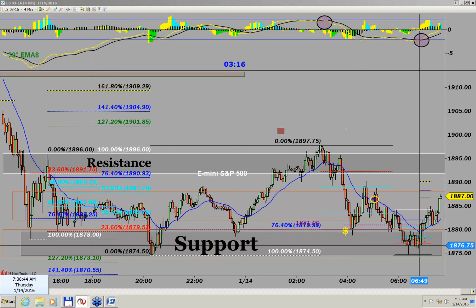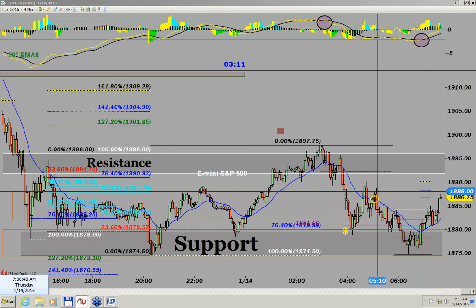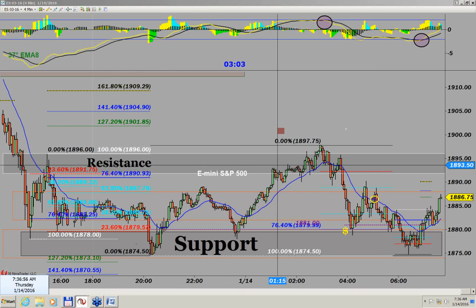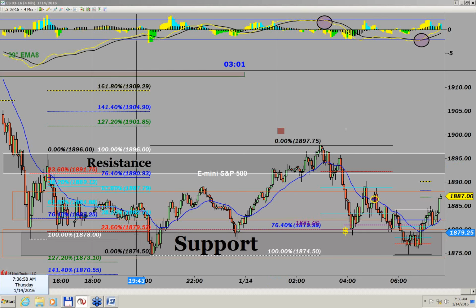So we know that we are looking for confluence areas, and we look left to see confluence areas, and that's about the size of it. So this set of fibs at support here, and I'm holding the crosshairs on the 23, and this 23 gets rounded to 1879 instead of 0.57.